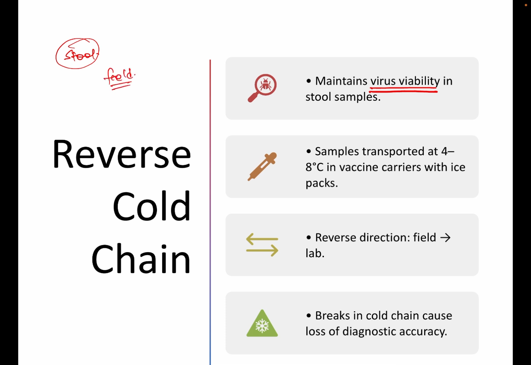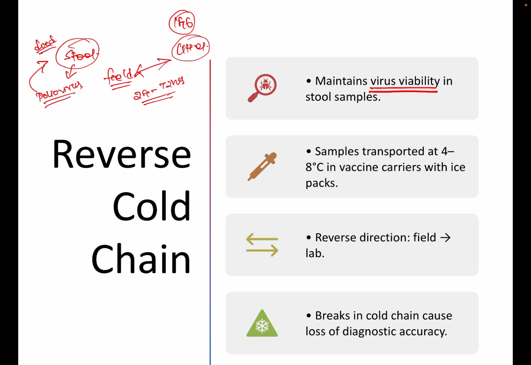Just because a virus is present in the stool, usually it is present in the field. The 146 laboratories are not present in most cities, not even district headquarters. So transportation might take 24 to 72 hours. During that time, there is a high chance that the poliovirus, if at all it was present, might have died.